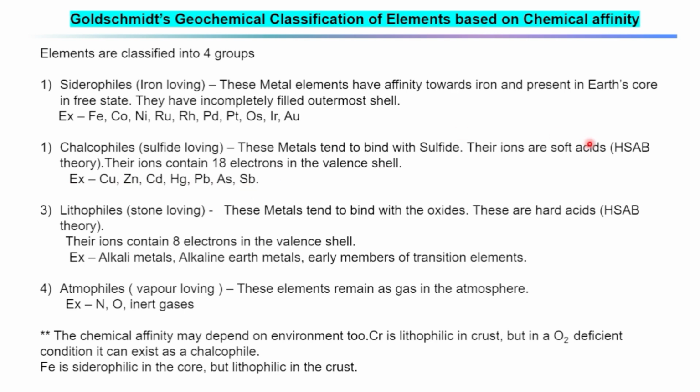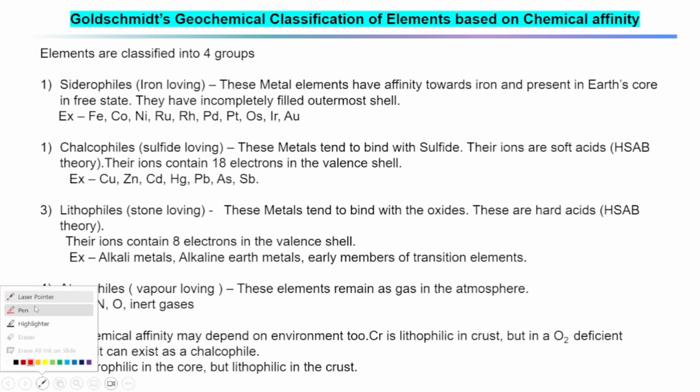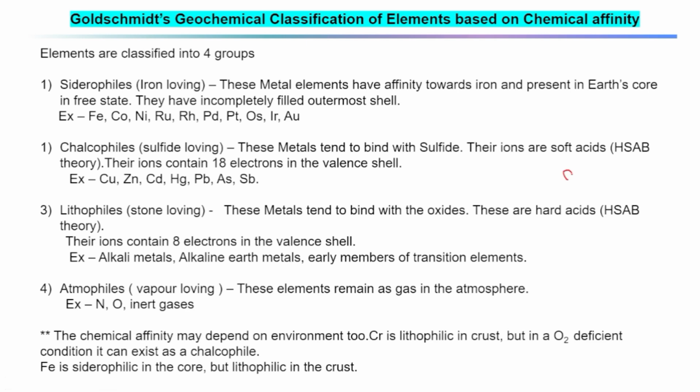Just a small aside, I will say it quickly. From the hard soft acid base principle, if I have to say very briefly, you have this atom and you have this atom. Oh, my circles are very bad actually.